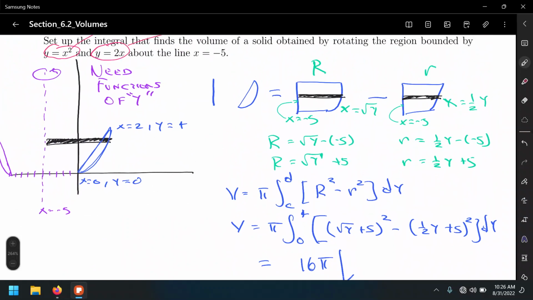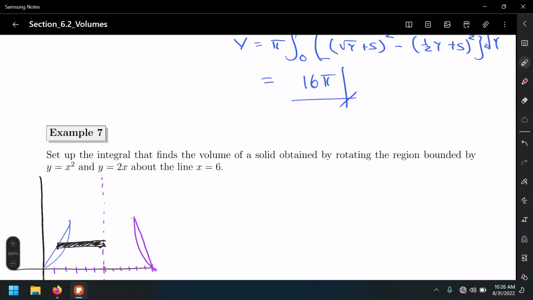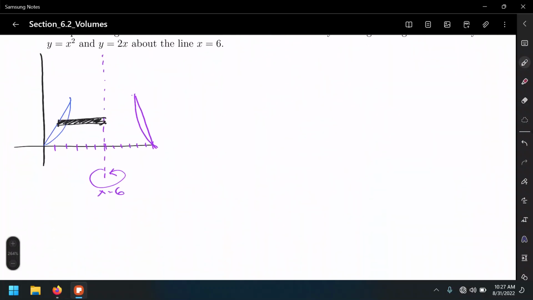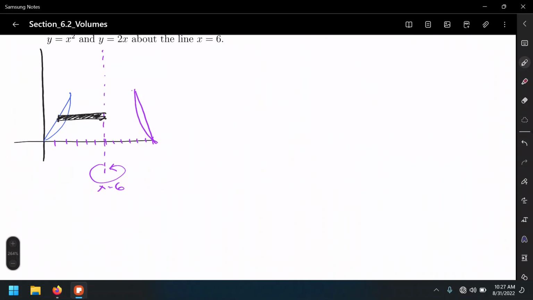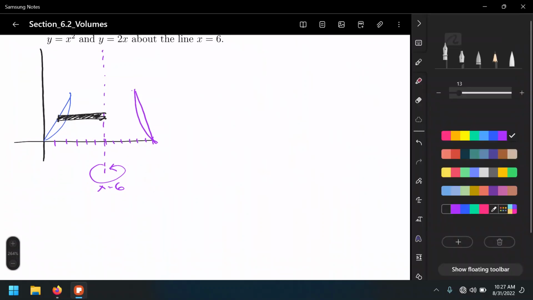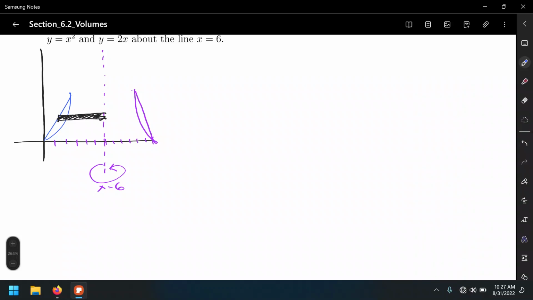All right, the logic will be the same, rightmost minus leftmost. Just make sure to have the correct position of the region of rotation and the axis of revolution. So in the previous example we did this, because we had the axis of revolution to the left, but this time we're going to do this.